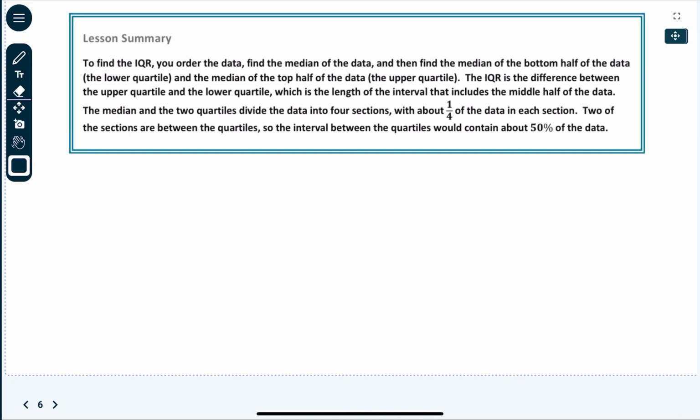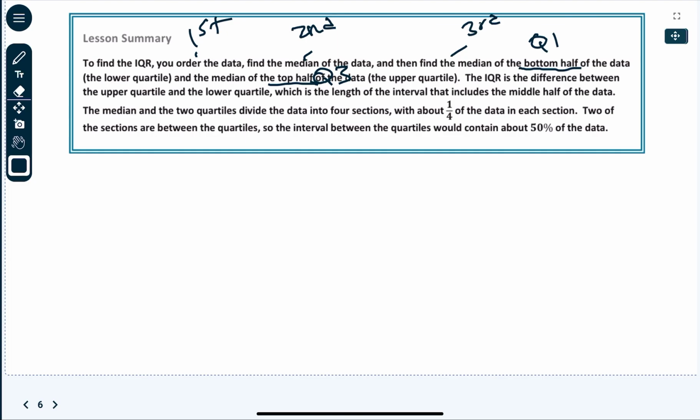Now, to find the IQR, you order the data. These are your steps. First, order the data. Second, find the median of the data. Then third, you're going to find the median of the bottom half, or Q1, and the top half, that's Q3, or the upper quartile.